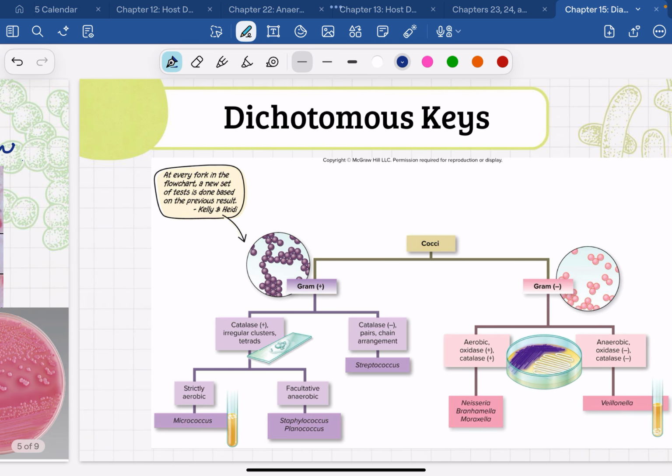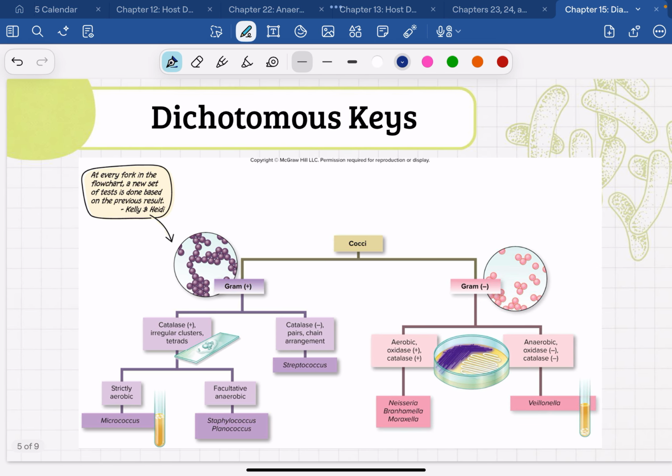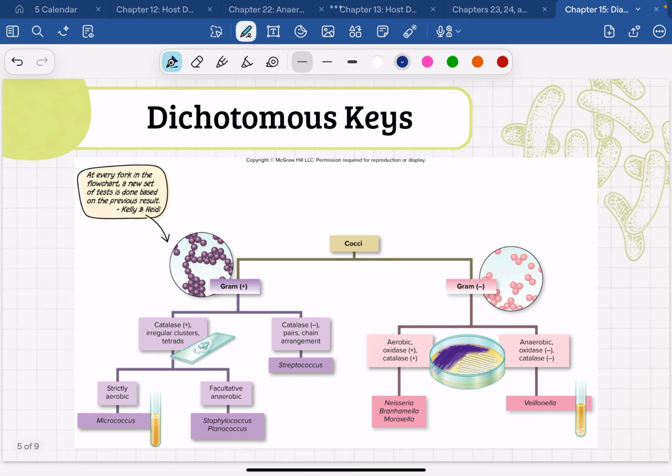Okay? So what I mean by you need to know how to use one is, let's say I give you this dichotomous key, and I'll give you a hint. I will absolutely be giving you a dichotomous key that you then have to use, okay? If I give you this dichotomous key, again, you don't have to memorize it. I'm going to be giving it to you.